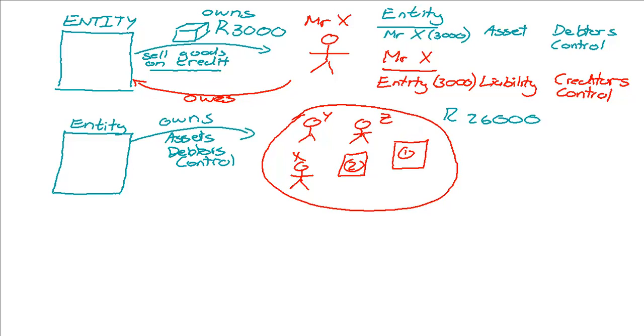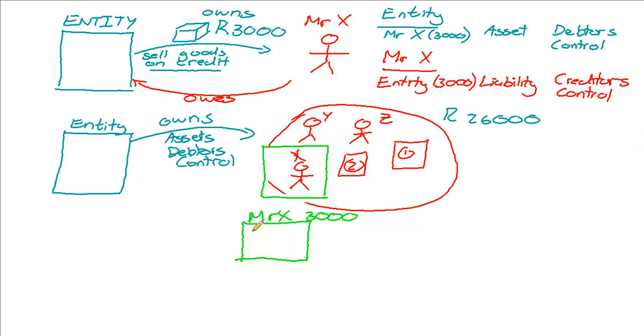But now we may have a problem. Let's say we go to Mr. X, and we look at what we actually own and what he owes us. We may find that Mr. X actually owes us 3,000 Rand.